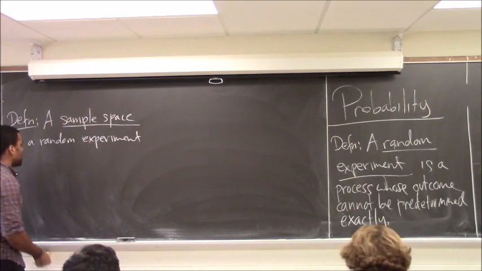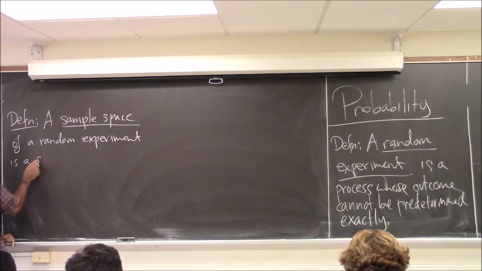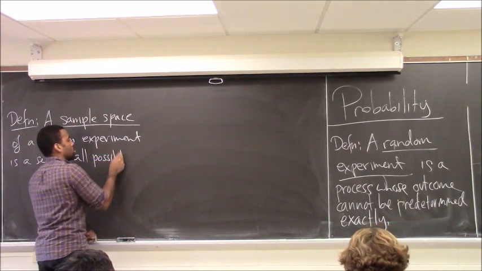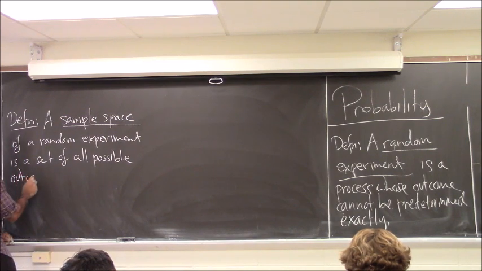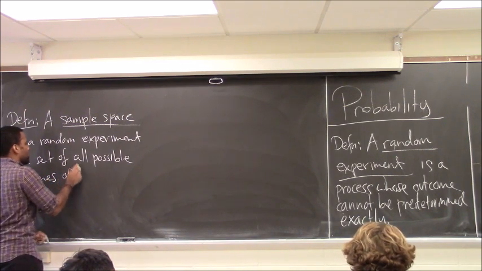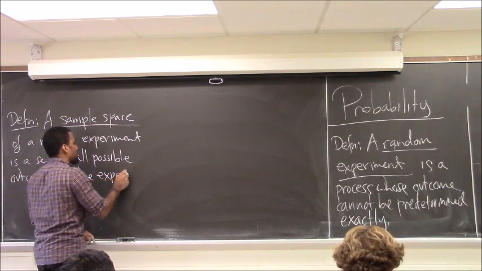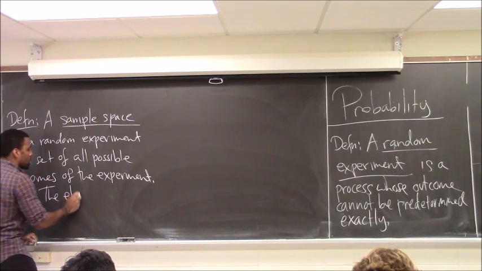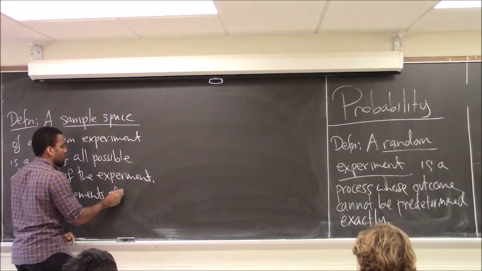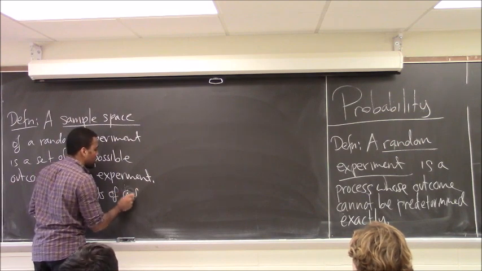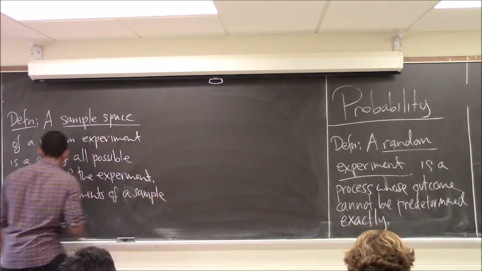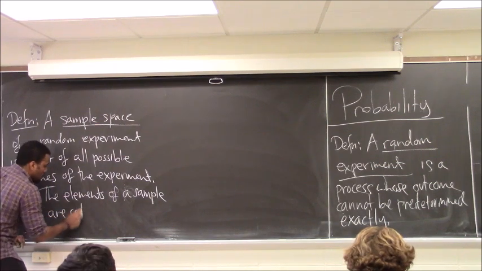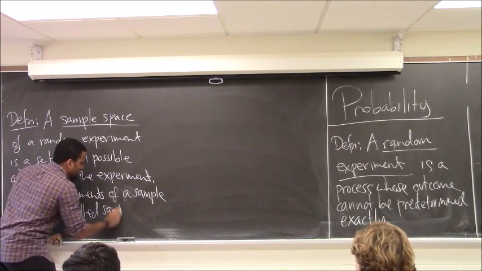But a sample space of a random experiment is a set of all possible outcomes of the experiment. The elements of a sample space, so all the members in the sample space, are called sample points.